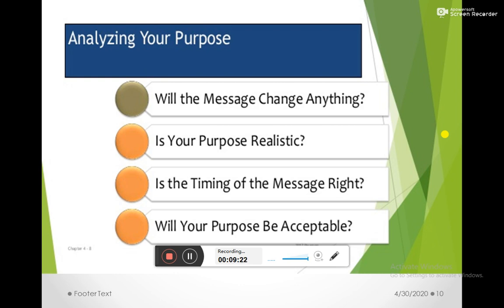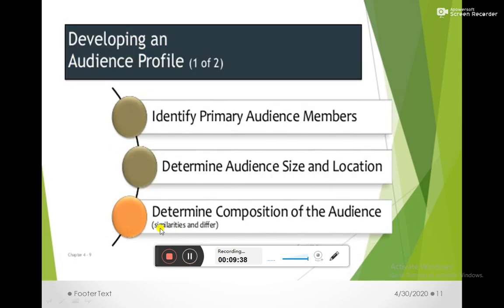So, when you are satisfied that you have a clear and meaningful purpose, and that now is a smart time to proceed, your next step is to understand the members of your audience and their needs. Before audience members will take the time to read or listen to your messages, they have to be interested in what you are saying.